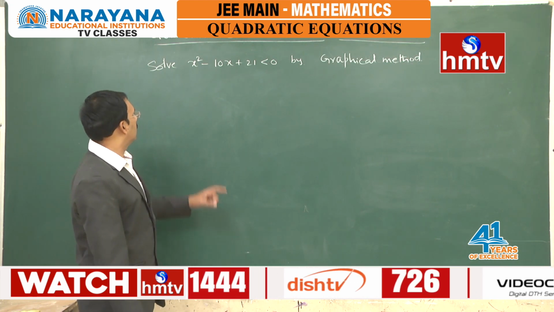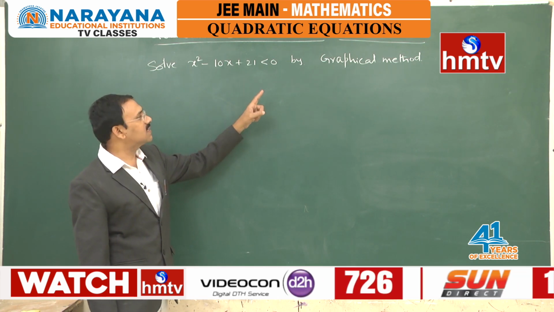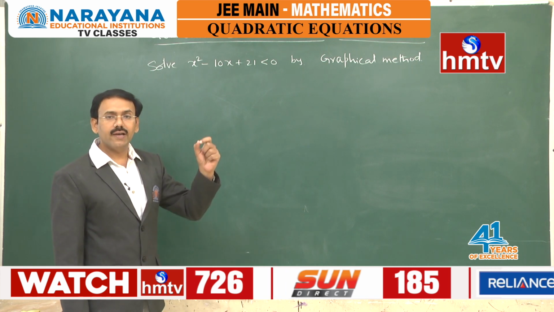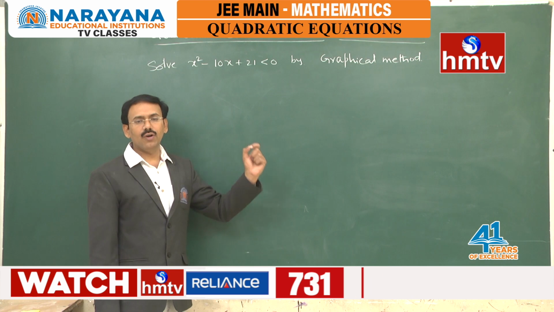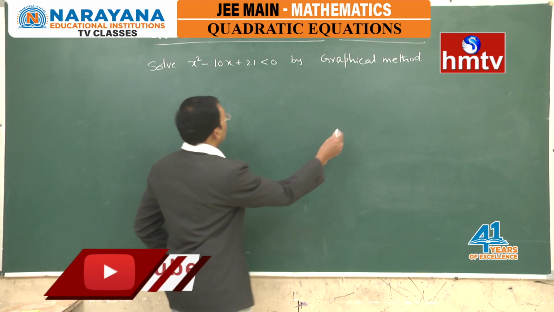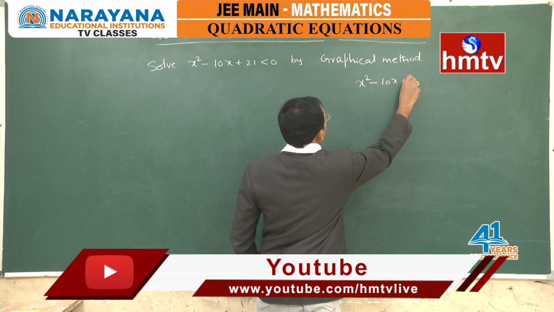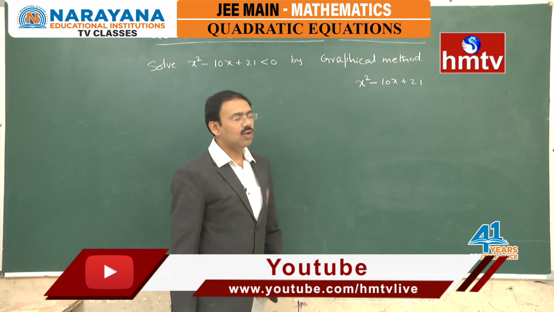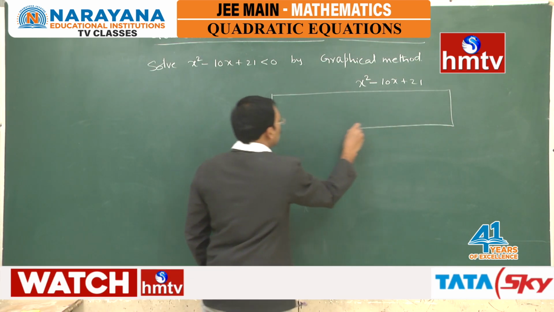Now, you see, solve x² − 10x + 21 < 0 by graphical method. The same previous problem we are going to solve by graphical method. That means, we want to draw the graph of the expression x² − 10x + 21, for which we take certain set of values to plot.